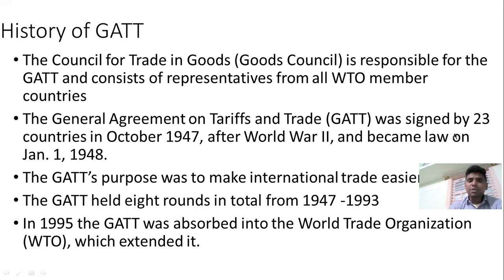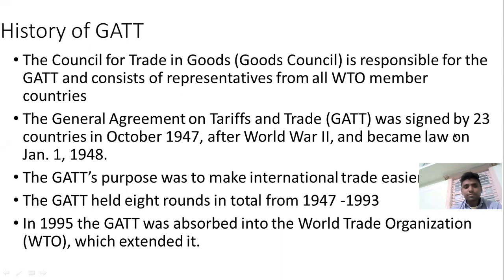Now the General Agreement on Tariffs and Trade was signed in October 1947 after World War II. World War II was so devastating that there was a reconstruction program of the economy. Many countries' economies had collapsed. They could not do anything.